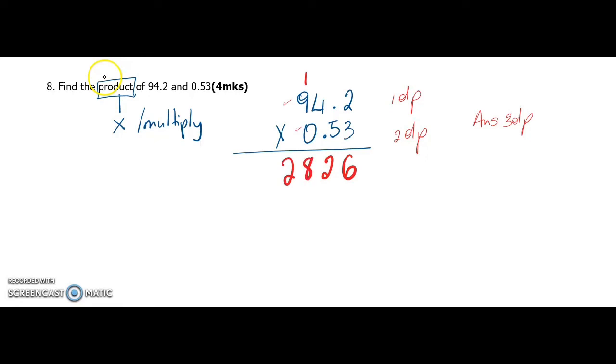So I have 2826. I want to move on to my next digit to multiply, which is 5. Before I do so, I add a 0 as a place holder. So 5 times 2 or 2 times 5, that is 10, 0, carry the 1. 5 times 4, that is 20 plus 1, that is 21. 5 times 9, that is 45, plus 2, that is 47.